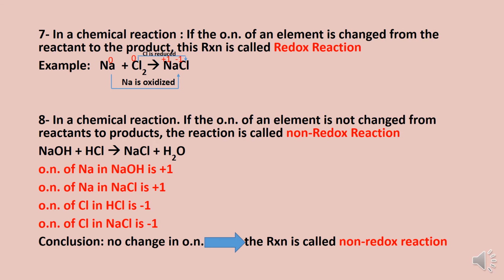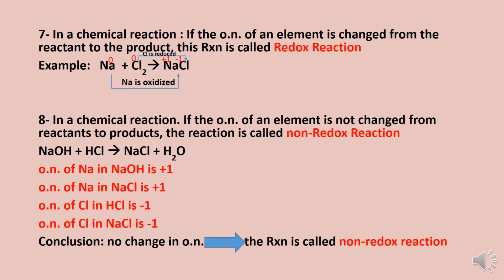Again, if the oxidation number increases, the element undergoes oxidation. It is oxidized. We say it is a reducing agent. For Cl, its oxidation number decreases, so the Cl undergoes reduction. It is reduced. It is called an oxidizing agent.